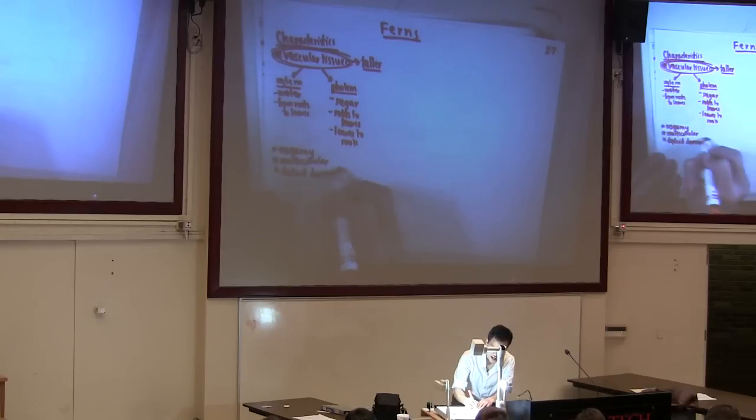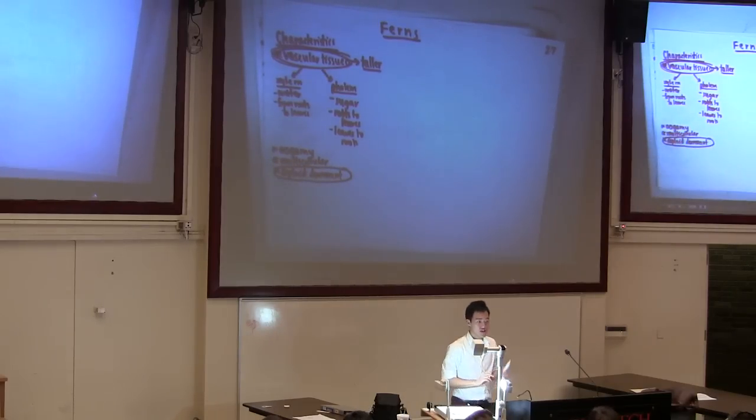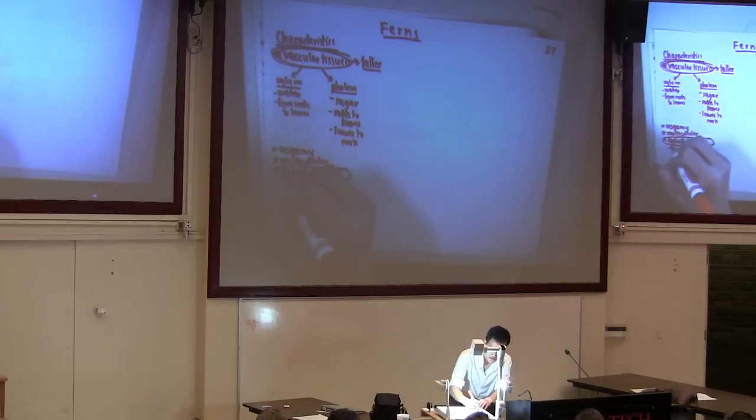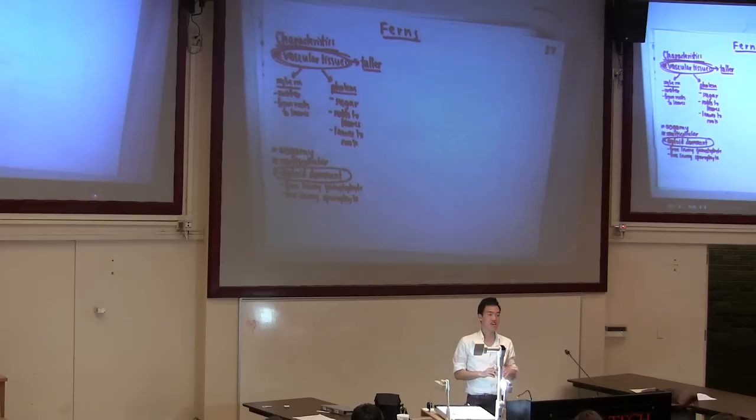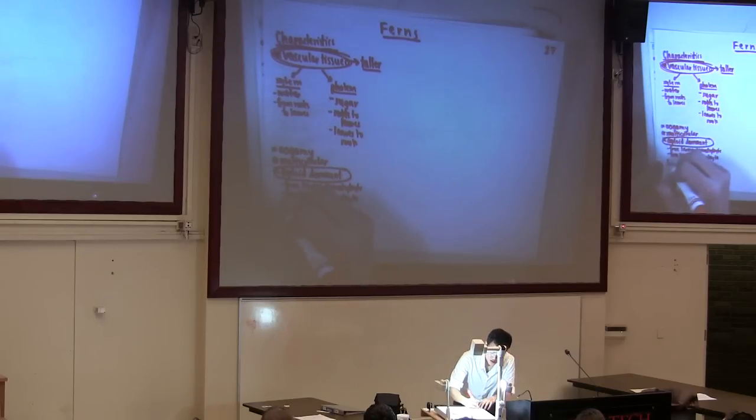This is the first time you have the presence of diploid dominance, right? What does that mean? You actually have a free-living gametophyte, and you have a free-living sporophyte. Right? The gametophyte is no longer supporting the sporophyte. Okay? Questions so far?